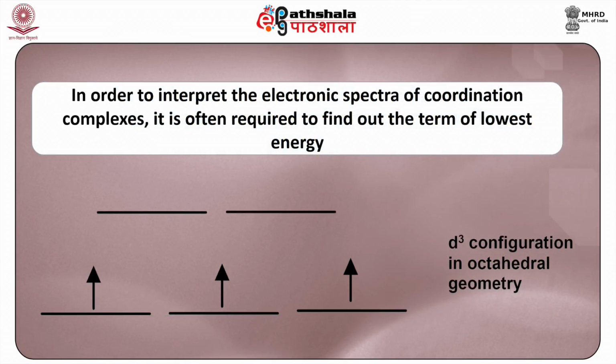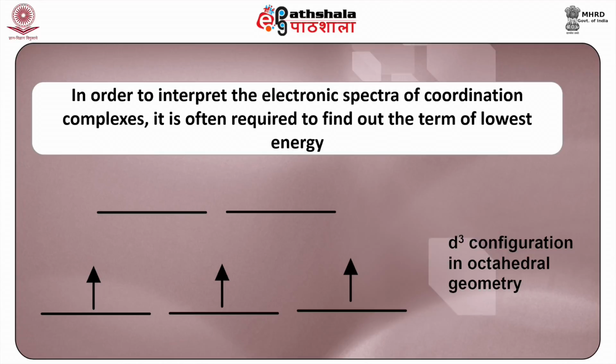In order to interpret the electronic spectra of the coordination complexes, it is often required to find out the term of lowest energy. Given below is an example of d3 configuration in an octahedral geometry. The various steps involved in the procedure are as follows.